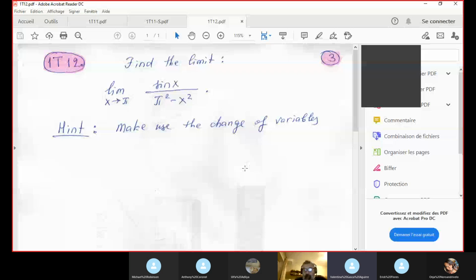You take a new variable y, which is defined as pi minus x. What do we have?